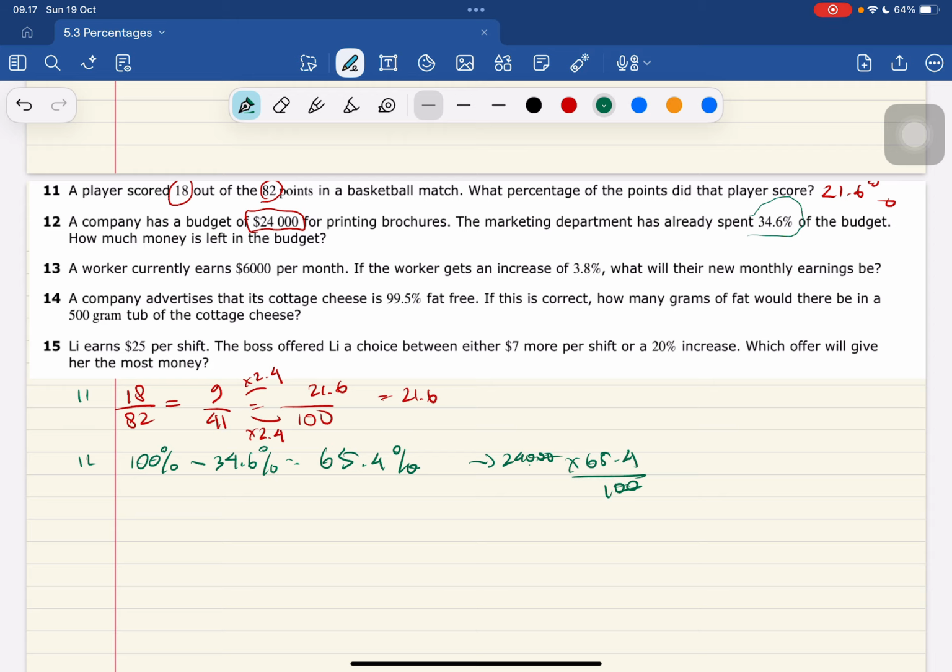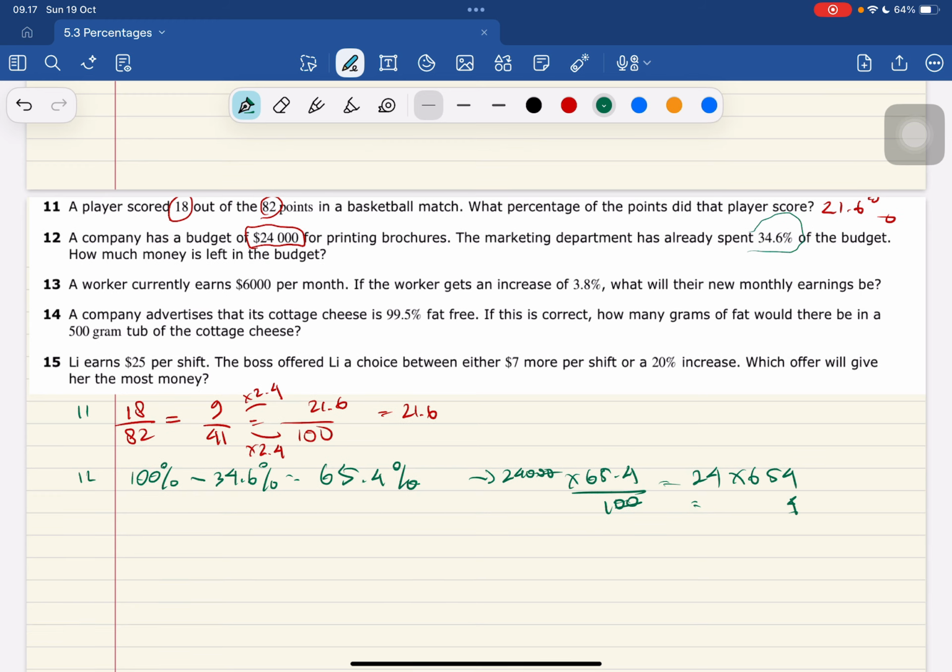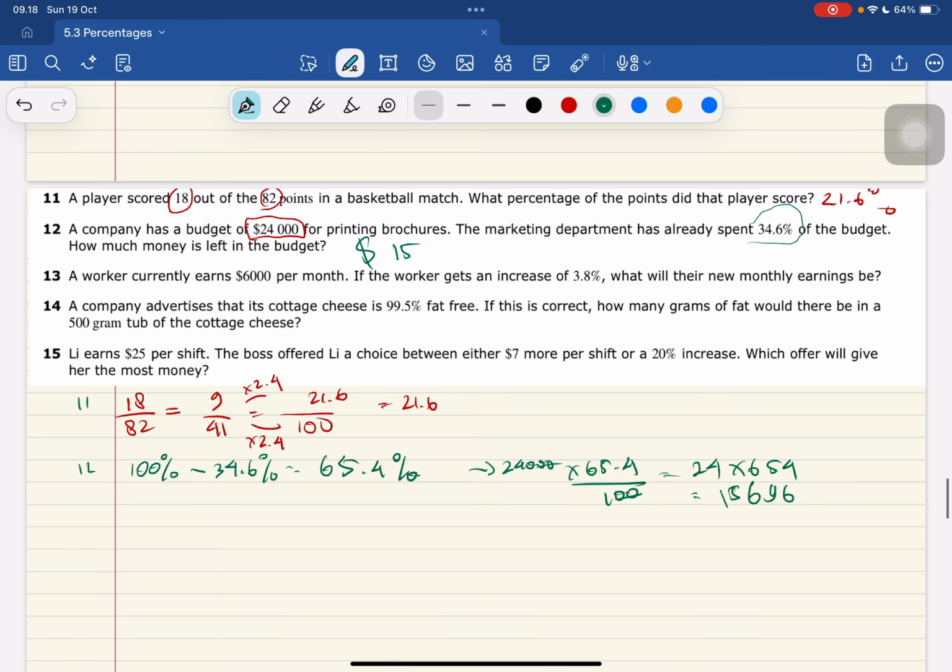So it's going to be 24 times 654. So this will give us the answer. So the money left in the budget is 15,696.